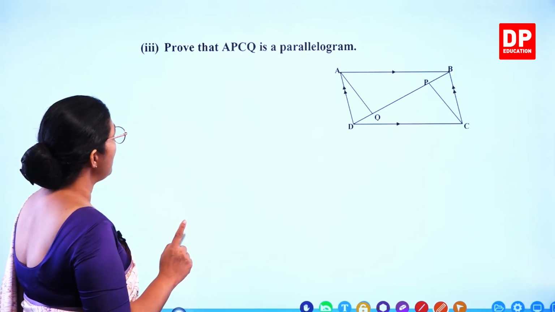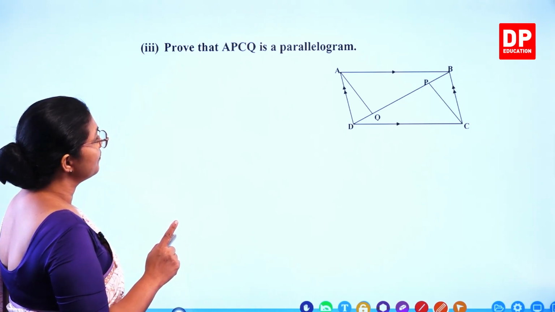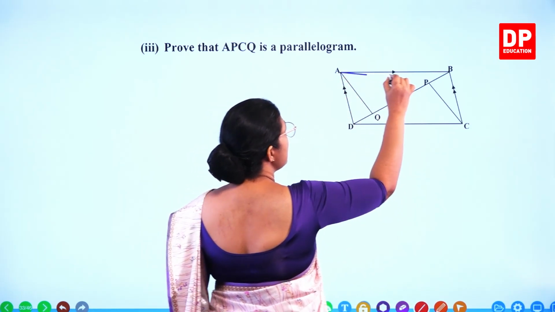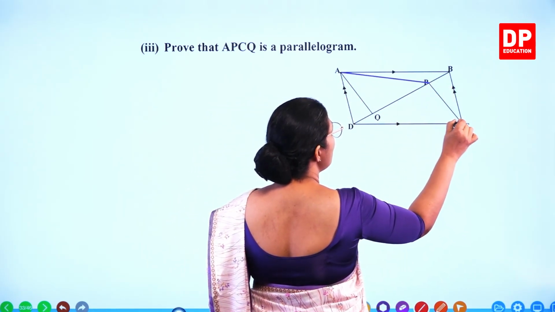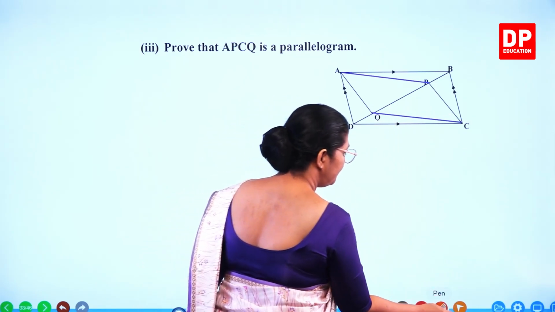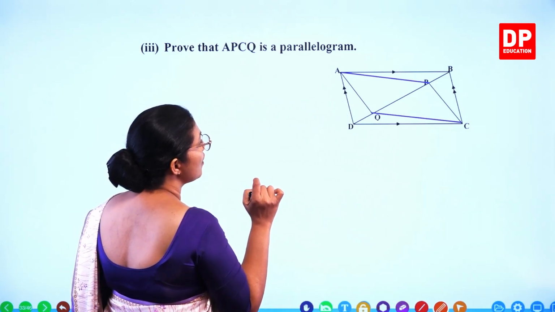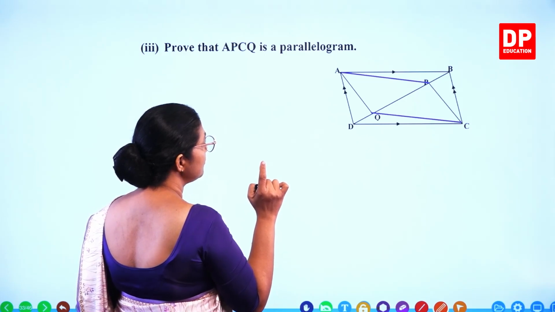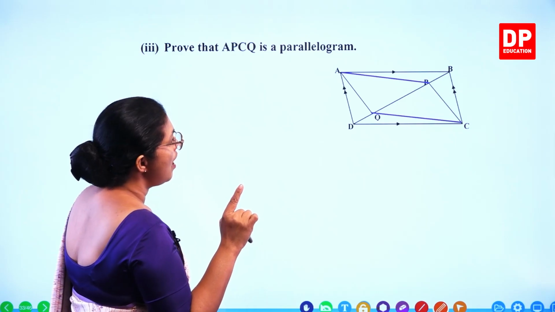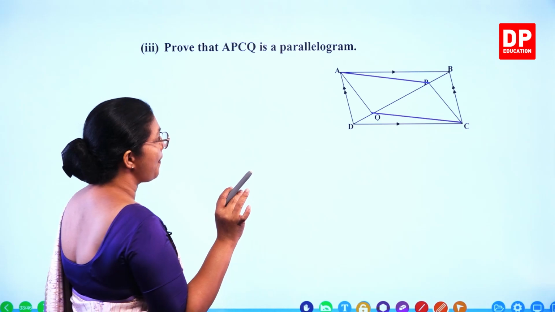Third part, prove that APCQ is a parallelogram. So let's connect that and see. You have to show that APCQ is a parallelogram. So what are the things that we know? We know that from the previous part, ABQ and CPD are congruent triangles.